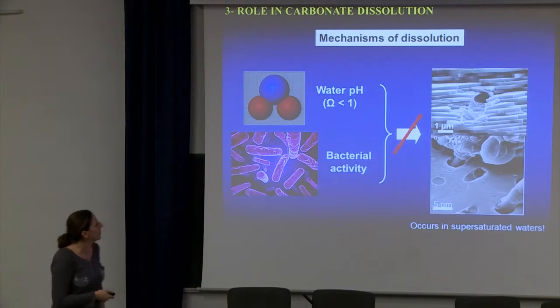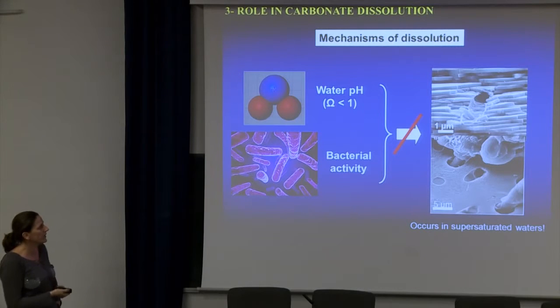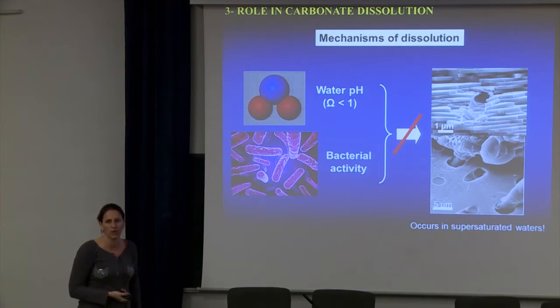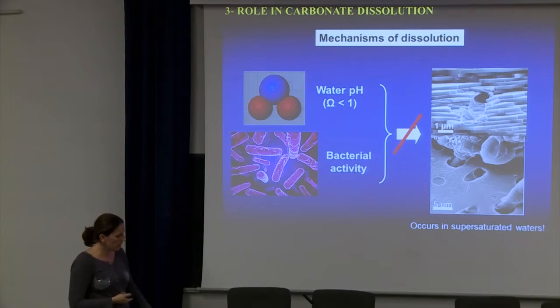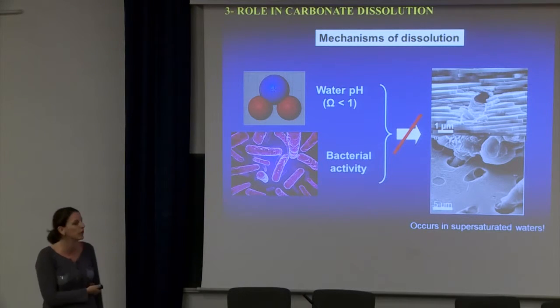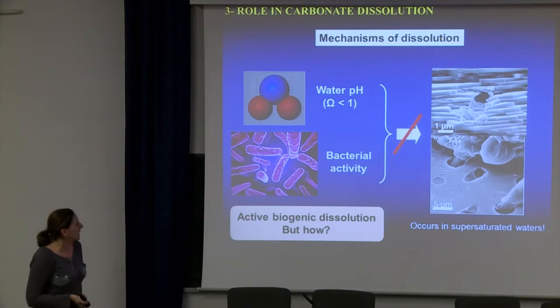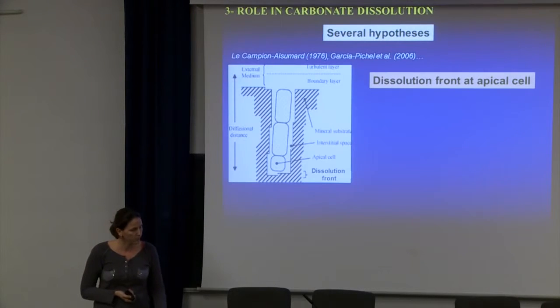Probably not, because this dissolution would be random and you would not see those galleries which conform to the shape of the filaments. Plus, this dissolution occurs in supersaturated waters, such as in coral reefs, where you have a saturation state of about 3 or 3.5, depending on the ecosystem. So there might be an active biogenic dissolution, but how does that work?